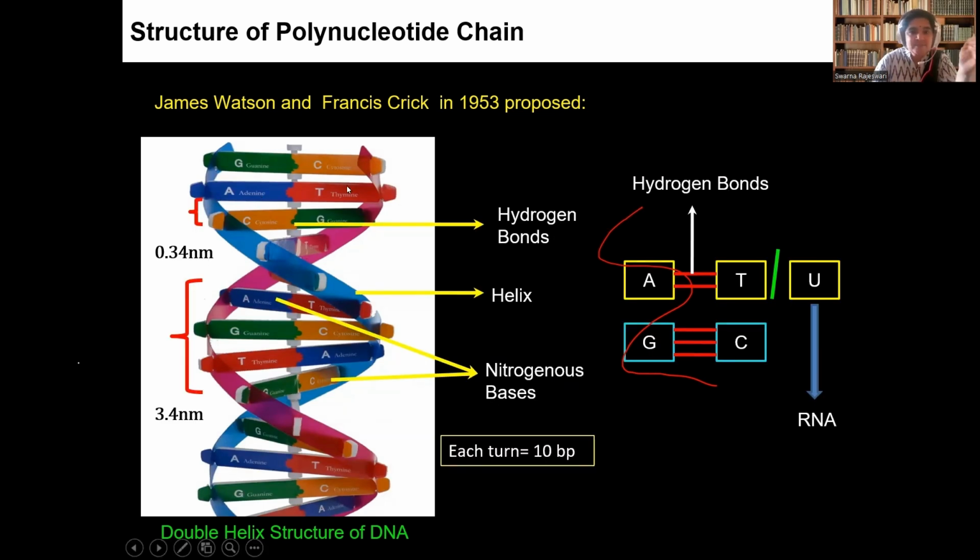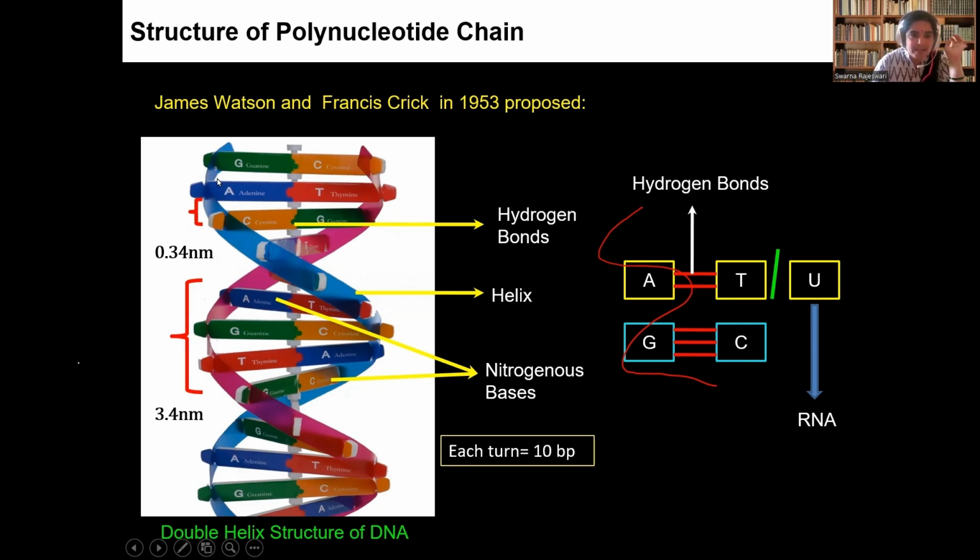Adenine is linked to thymine by 2 hydrogen bonds, whereas guanine is linked to cytosine by 3 hydrogen bonds. Whereas in the case of RNA, in place of thymine, there will be uracil. No thymine is present in RNA.